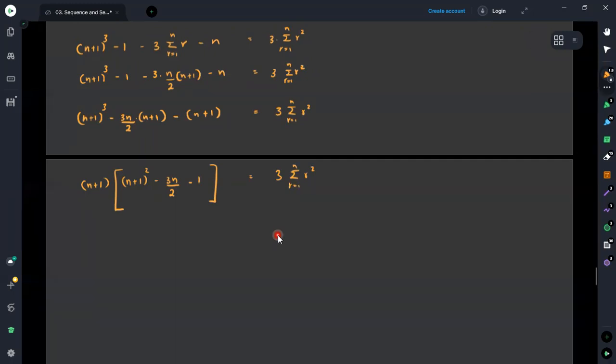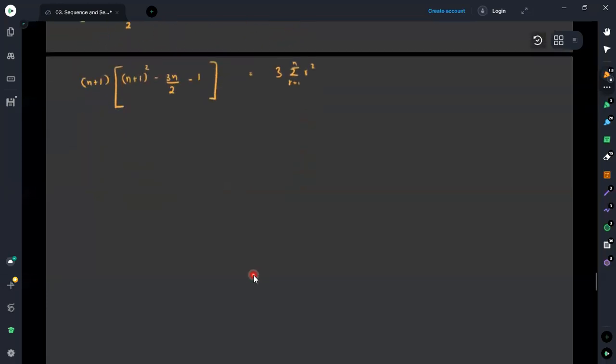Now we'll take the common denominator, and we'll have the expansion of this bracket as well. Here we'll get n plus 1, and if we get the common denominator, we are getting 2 here. Then 2 times n plus 1 squared is expanded, and we'll get n squared plus 2n plus 1.